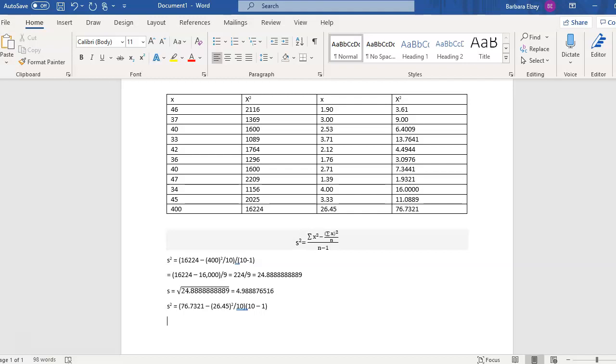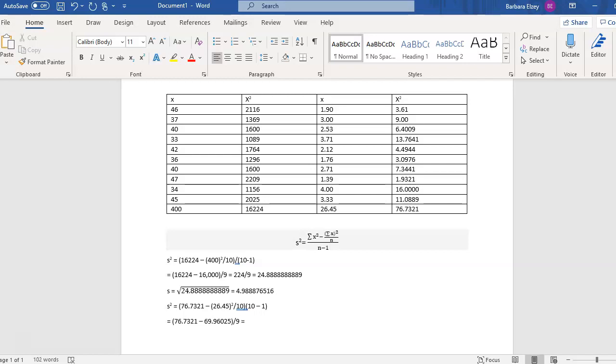All right, now let's work that out. Doing the 26.45 squared divided by 10 first. When I do that, I get 69.96025. All right, there's my top. And then, of course, 10 minus 1 in the bottom gives me 9.